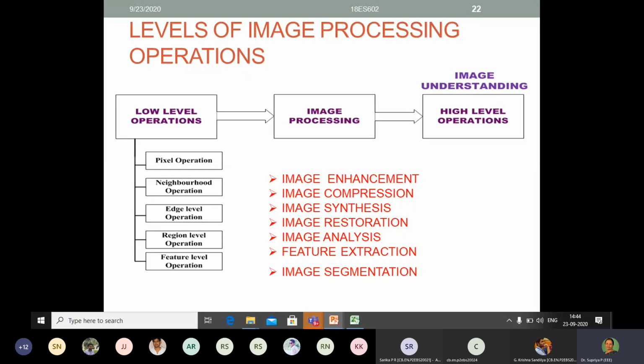Image analysis, as we have just seen, would mean counting of the objects, or increasing the enhancement, or the brightness of the image. Feature extraction could be based on the area of a particular region. Could we say that, okay, if my face is going to be say 10 by 10, could I say that this is me?